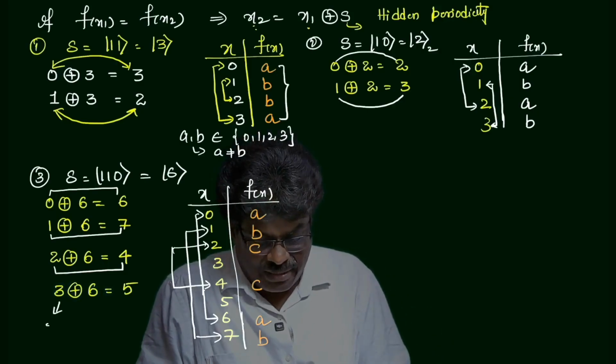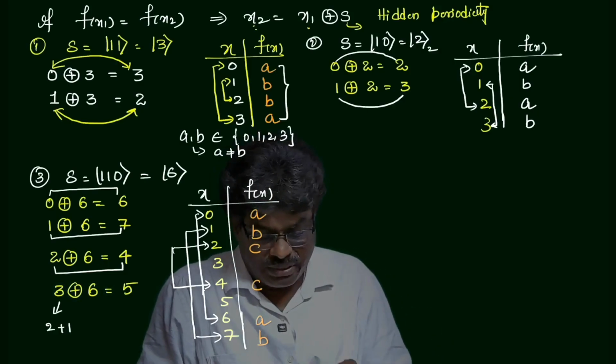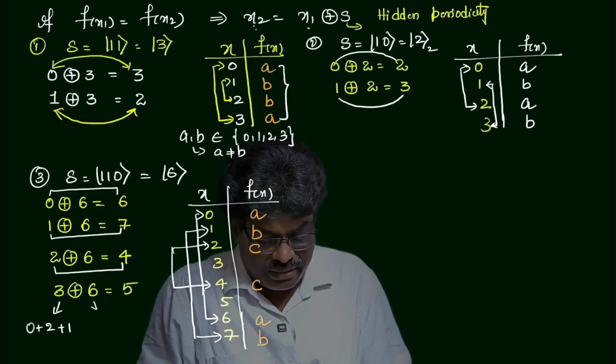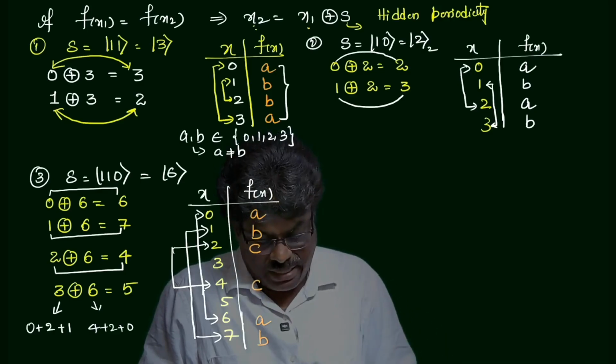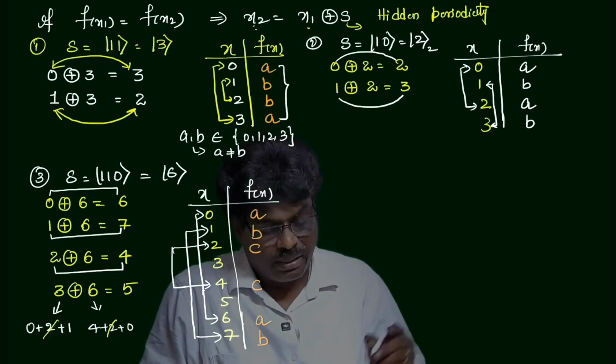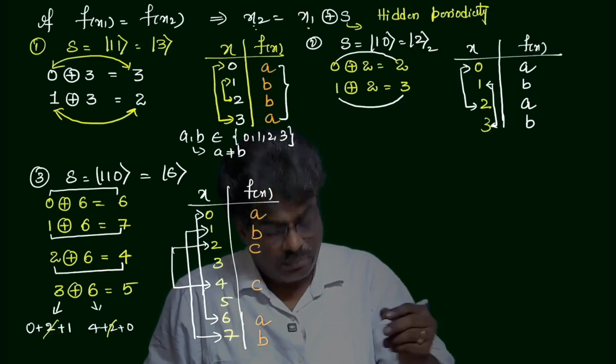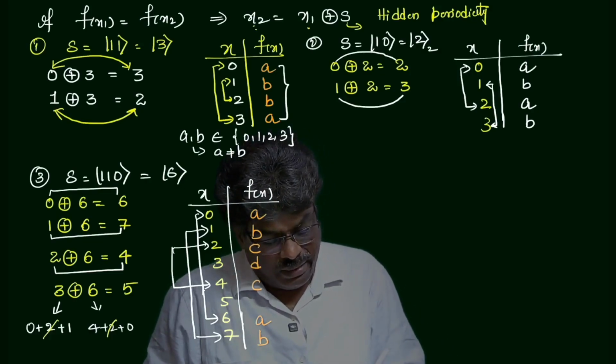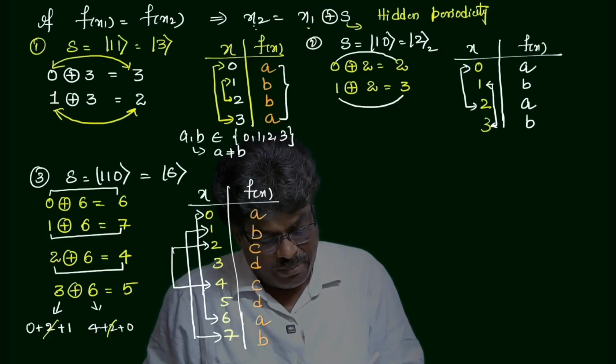This 3 is nothing but 2 plus 1, of course 3 qubits plus 0 here. This 6 is nothing but 4 plus 2 plus 0. What shall I cancel here? 2 cancel. Then 4 plus 1, 5. Right. Then this 3 and 5 have same output.